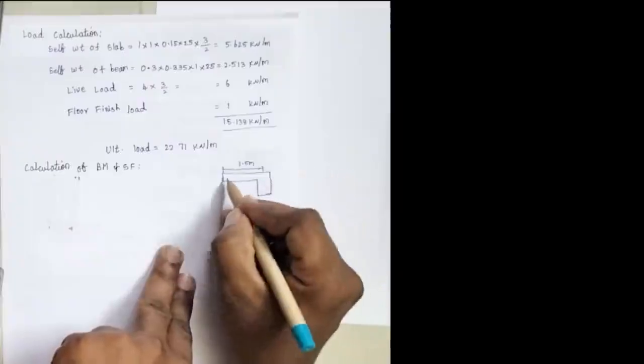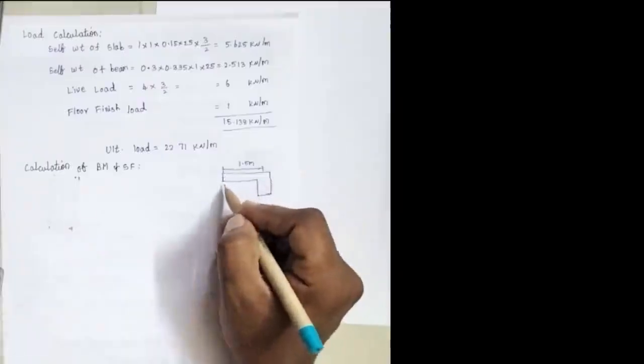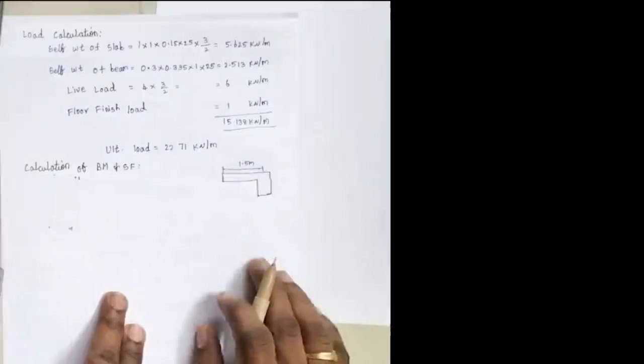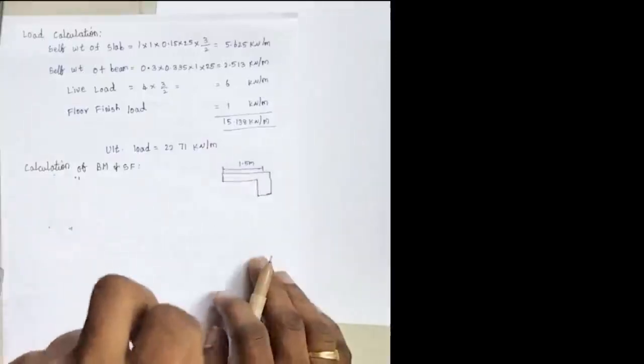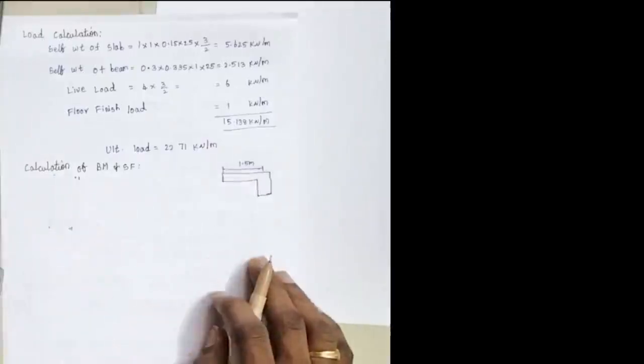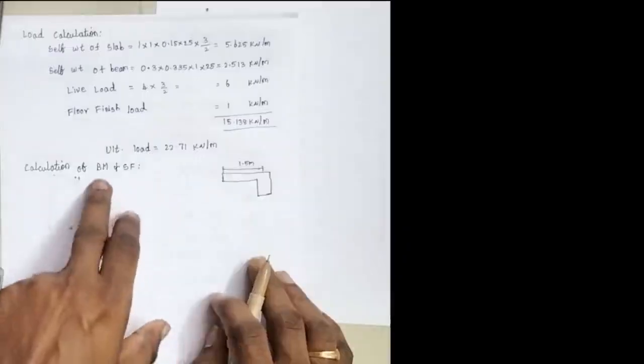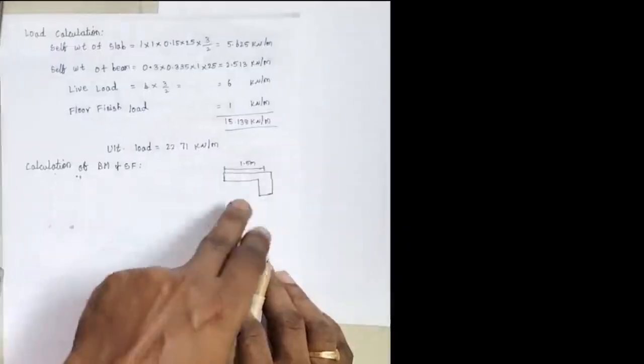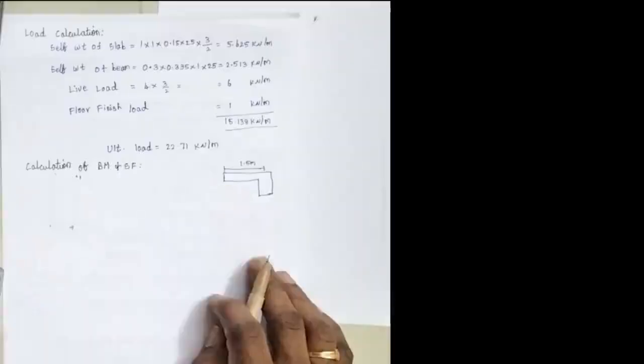So if you see here, we are having the beam slab only on the left side, which is going to induce a twisting moment. So if you are designing an L beam, in addition to bending moment and shear force, this beam is going to get subjected to torsion.